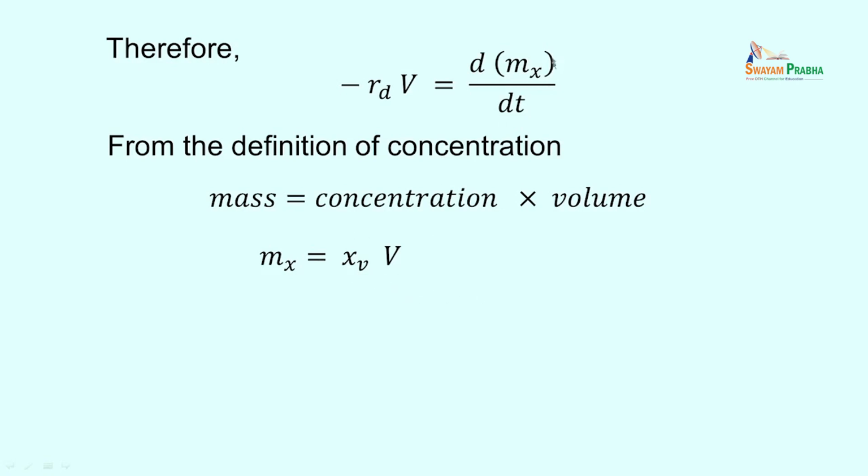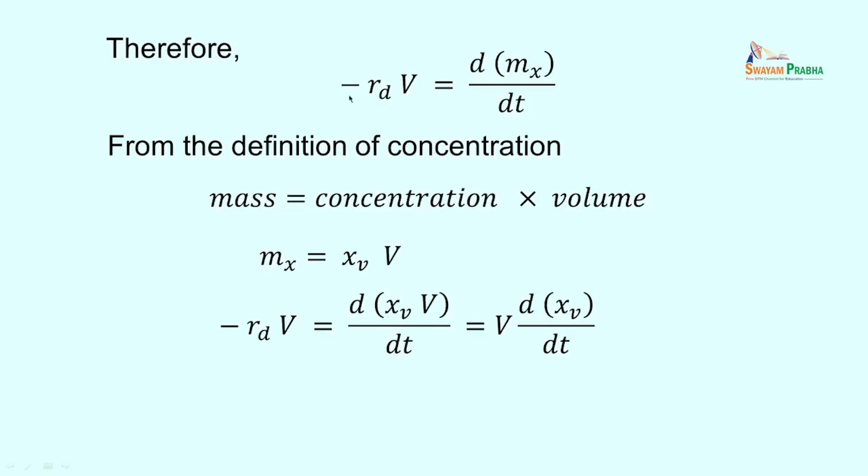If we use this to replace this m_x, then we get minus R_D into V equals d/dt of X_v into V. In this case, since the volume of the broth, the volume of the system, is a constant, we can take volume out of the derivative: V into d/dt of X_v.